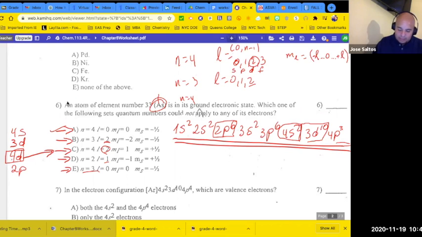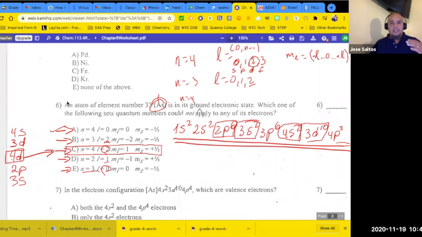And the last one is 3 with s, L equals 0 is s, and we do have 3s. So the only one that we do not have is the 4d orbital. Thus, this is the set of quantum numbers that cannot apply to any of the electrons in arsenic.